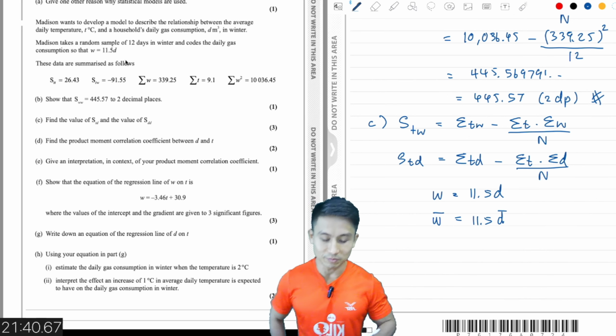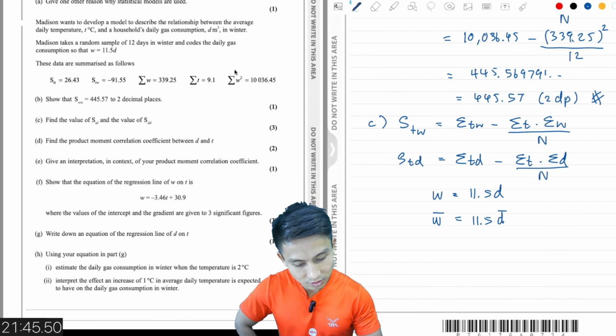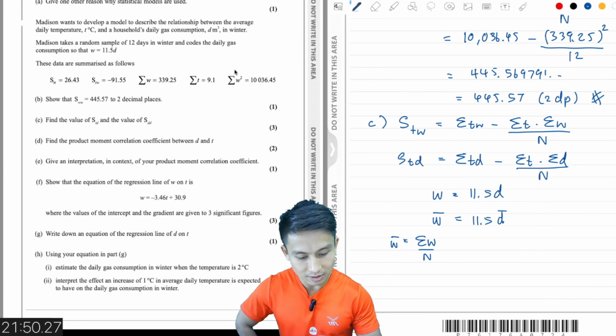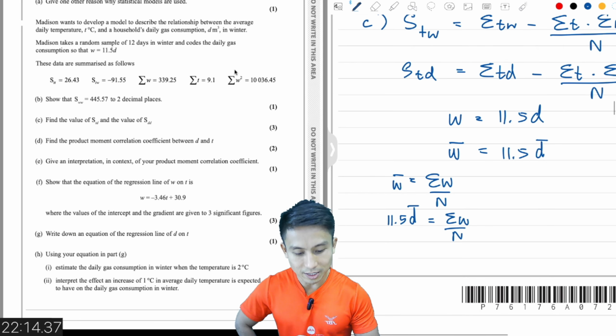W bar is sum of W over N, so sum of W will be W bar times N. Hang on, W bar is also 11.5 D bar.